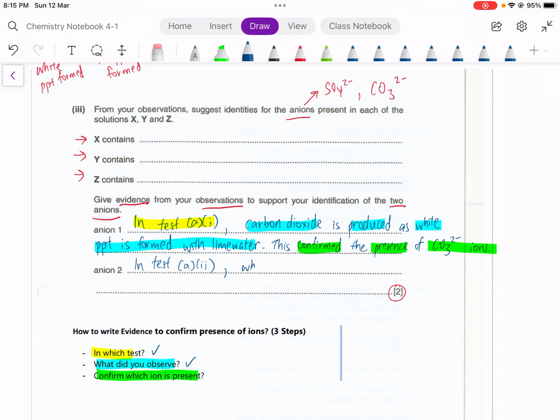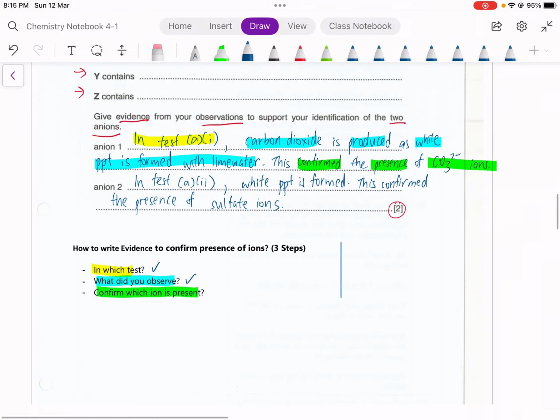We should observe white PPT is formed. So what does it tell us? It tells us that this confirms the presence of sulfate ions. You can either write in words or in chemical formula, both are accepted. Alright, so we are done with part A of the experiment.